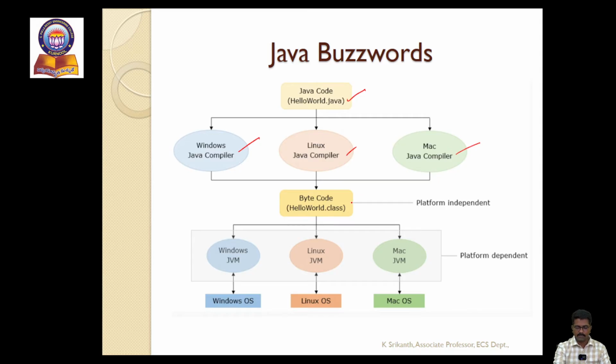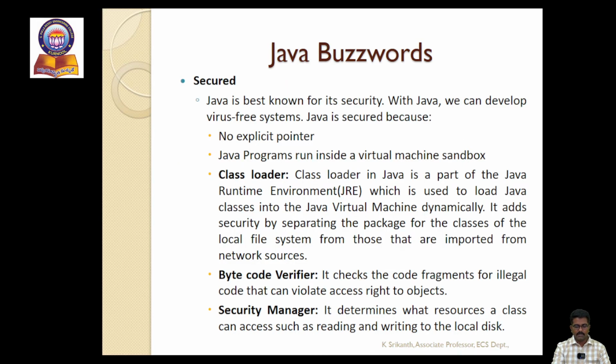The compilers give a common code, that is bytecode, which we call intermediate code, which makes the language platform independent, and the bytecode is run on their individual JVMs, Java Virtual Machines, related to Windows OS, Linux OS, and Mac OS. Because of this bytecode, the language becomes platform independent, and this is one of the features of Java language.